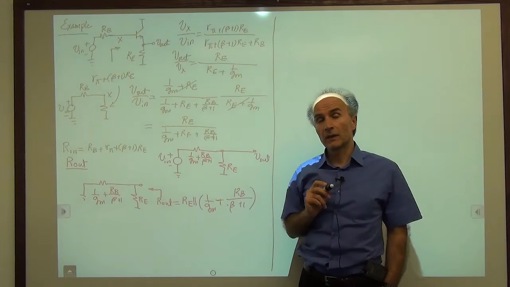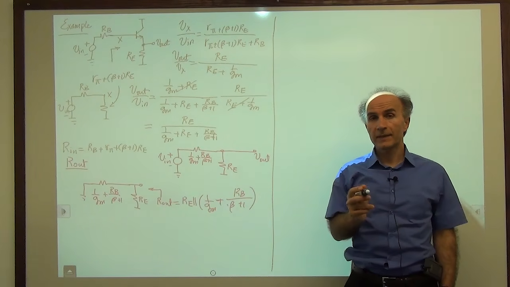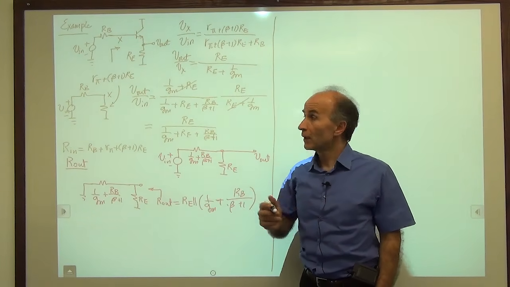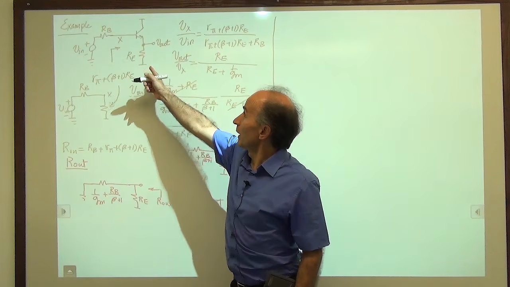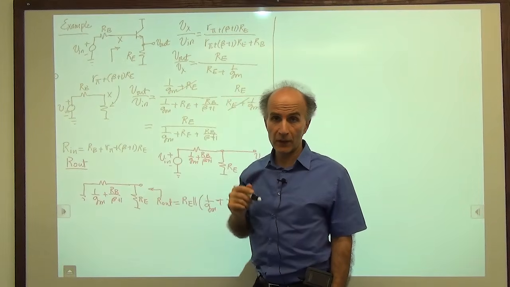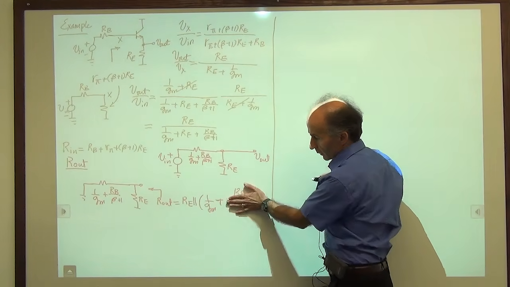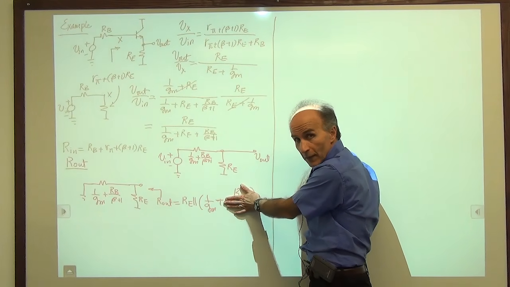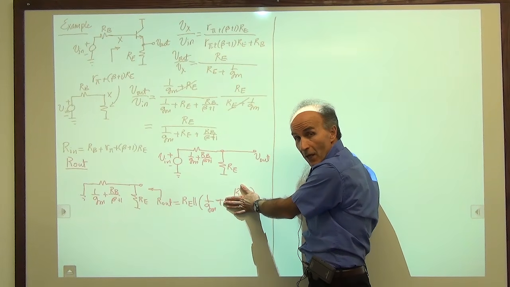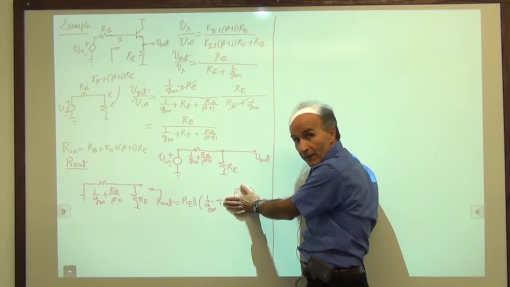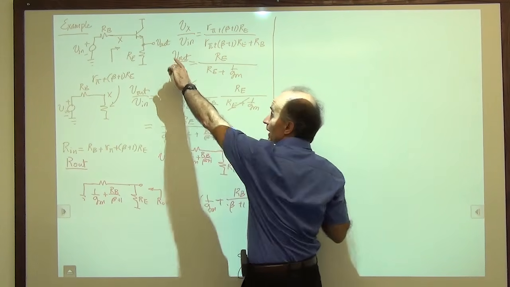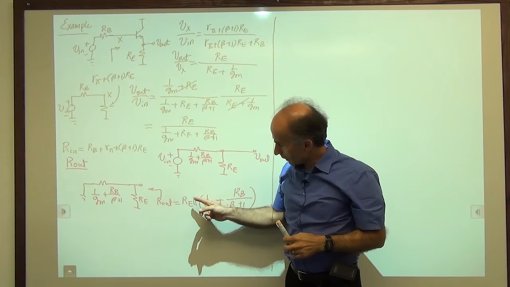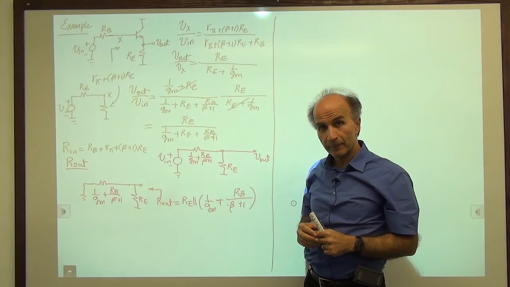This is a fascinating result because it is somewhat similar to the output resistance that we found earlier for an emitter follower when Rb was not there, when Rb was 0. So if Rb is 0, what do we have? We have Re in parallel with 1 over Gm, and that's what we calculated before. But now that we have a base resistance, the output resistance, meaning if I sit here and I measure it, is not just Re in parallel with 1 over Gm.